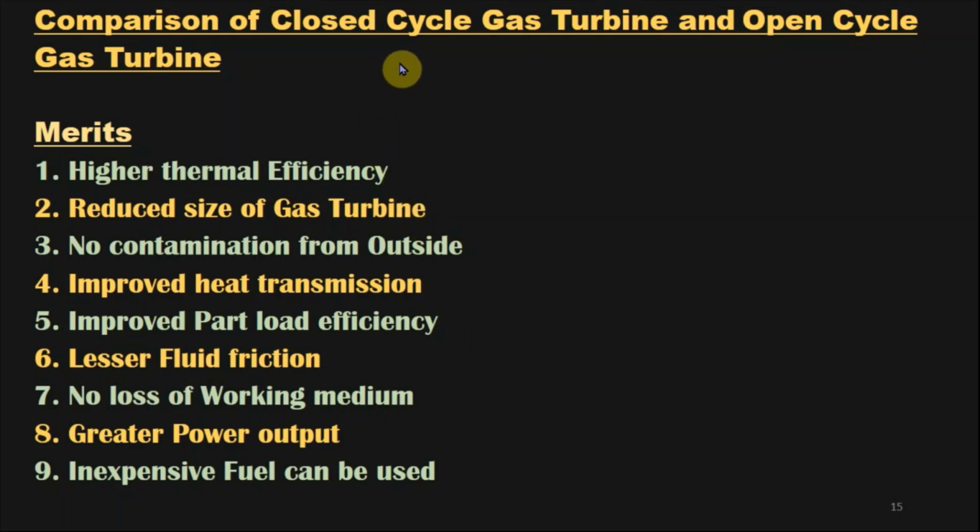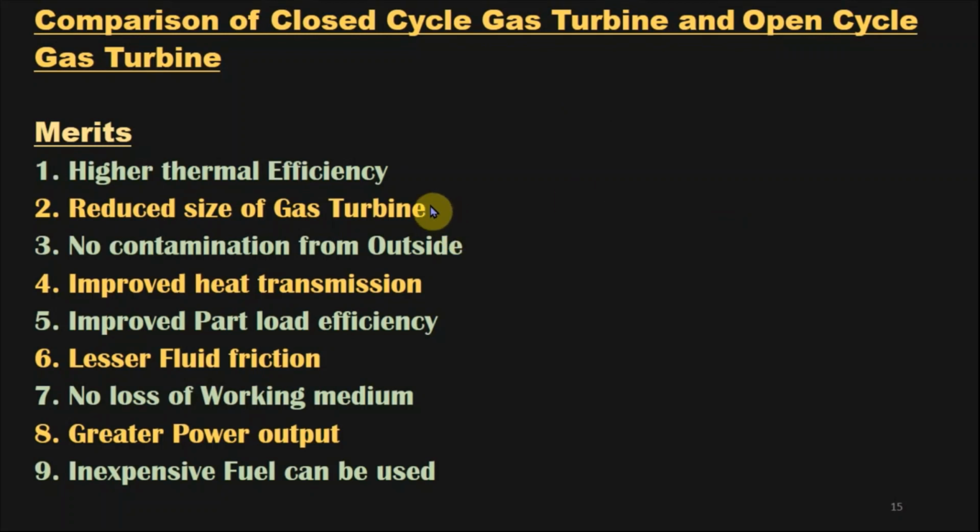In the case of closed cycle gas turbine, the working fluid is recirculated during each cycle, whereas in the case of open cycle gas turbine, fresh charge is admitted to the compressor during each cycle, and after compression, combustion and expansion, the products of combustion will be exhausted out into the atmosphere.